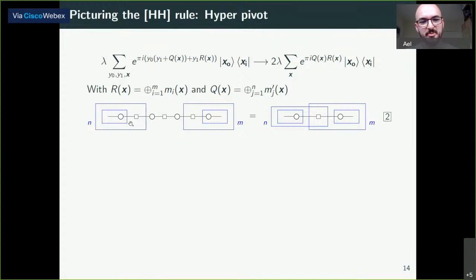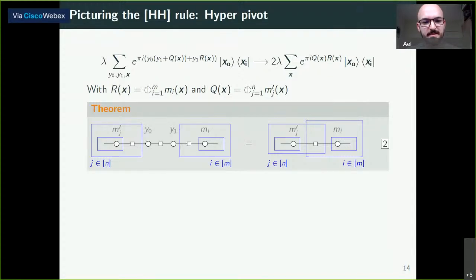So you can also bang box the variables. A more detailed version is this. So here you can find back those variables y0 and y1 corresponding to the two H from the rule.